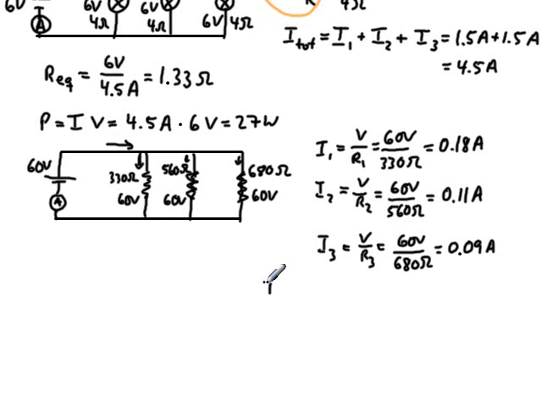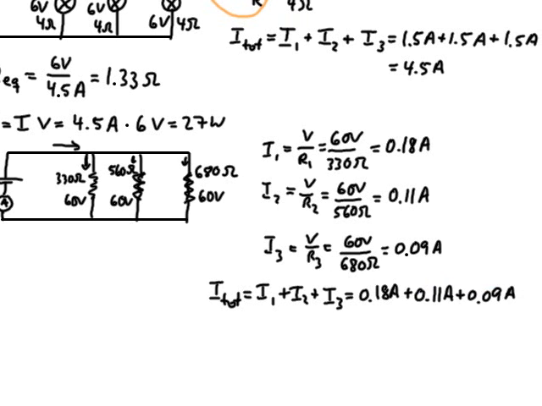So it's going to be that the total current, as written above for the light bulb circuit, is I1 plus I2 plus I3 equals 0.18 amps, 0.11 amps, 0.09 amps, equals 0.38 amps, and that is rounded, so 0.38 plus or minus a little bit. So that's the total current.